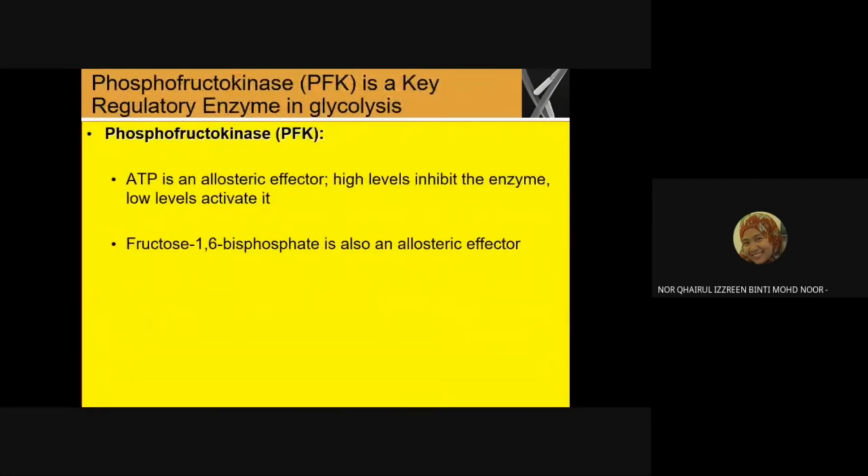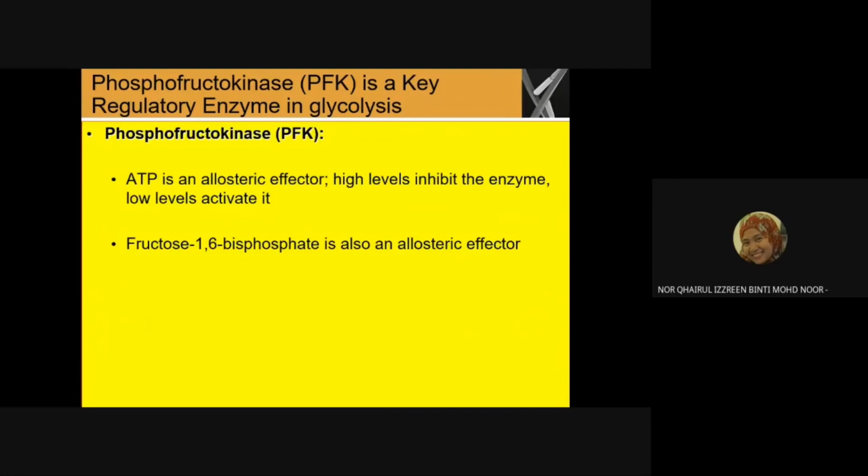Okay, besides the product of step number 9, which is PEP, ATP is also an allosteric effector. A high level of ATP will inhibit the enzyme, and a low level of ATP will activate it.